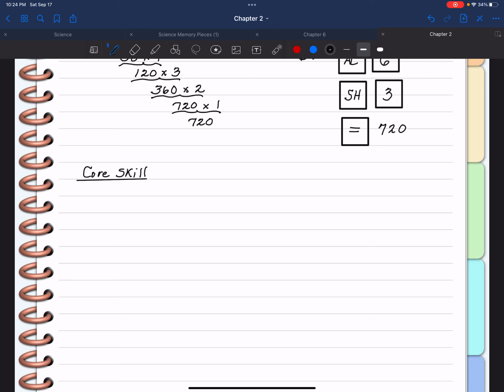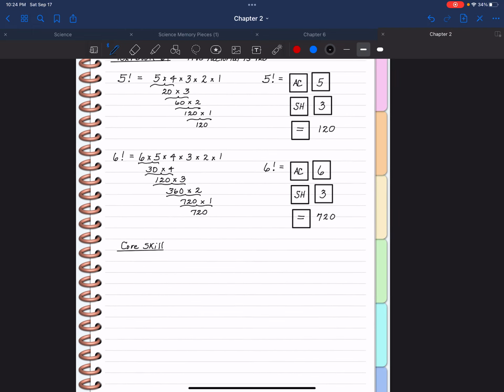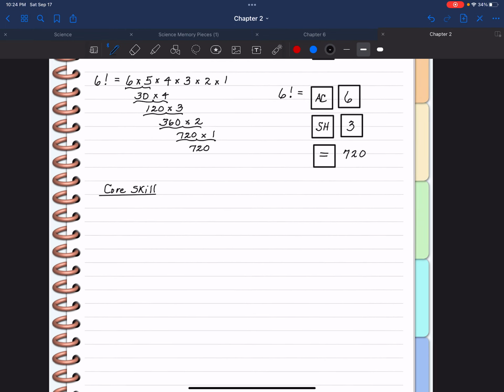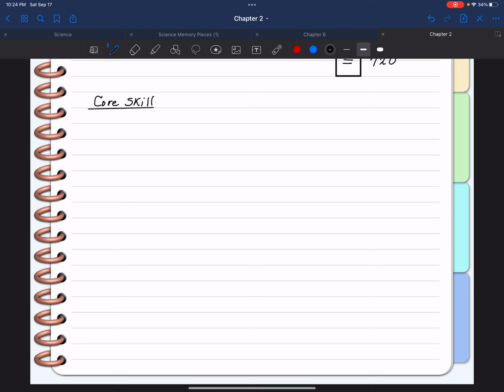But let's take a look at the core skill on page 64. Use counting techniques. In more complex situations, you may want to use the fundamental counting principle. This involves multiplying to find the total number of possible outcomes.